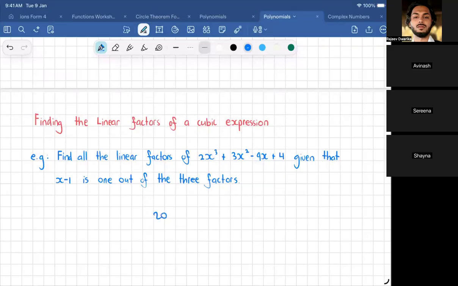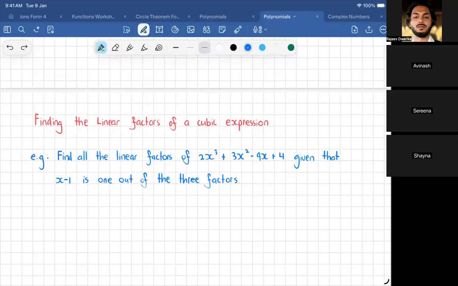Think of 20. If I divide 20 by 5, I'm going to get 4. Isn't 4 another factor of 20 as well? Yes, sir. Okay, great. So it's the same concept here. So they are telling us to find all the linear factors of 2x cubed plus 3x squared minus 9x plus 4, given that x minus 1 is one out of the three factors.